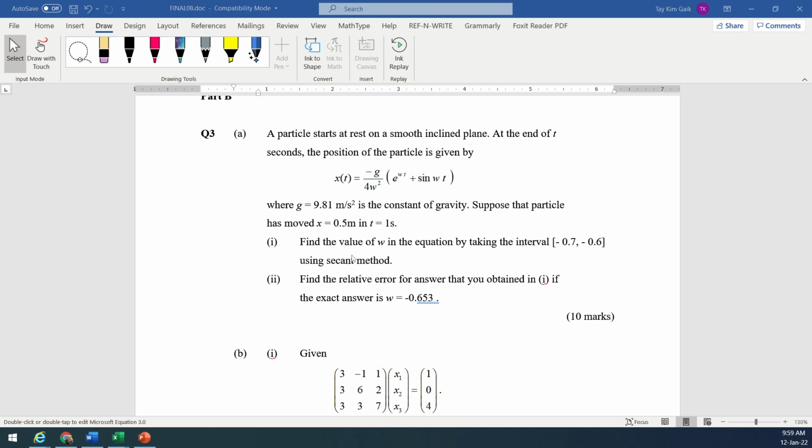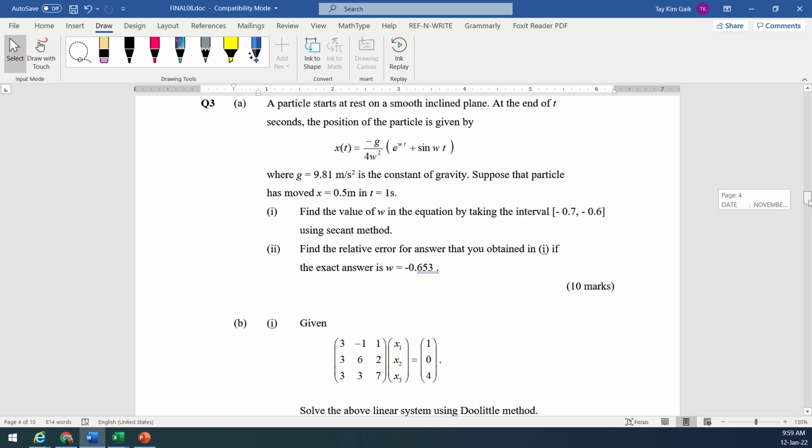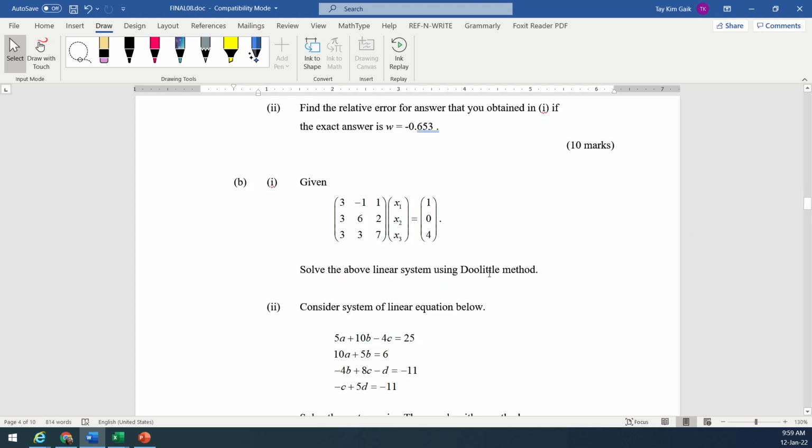The second method you didn't learn, so you can change it to Newton's or to the bisection method. Those that haven't been asked in your test yet: most possibly, from chapter 3, only Gauss elimination and Gauss-Seidel have been asked, so maybe they can ask Doolittle or Thomas method.